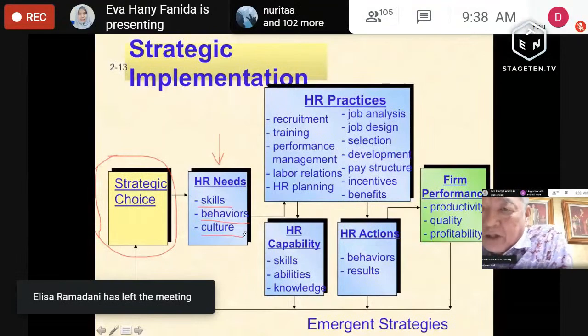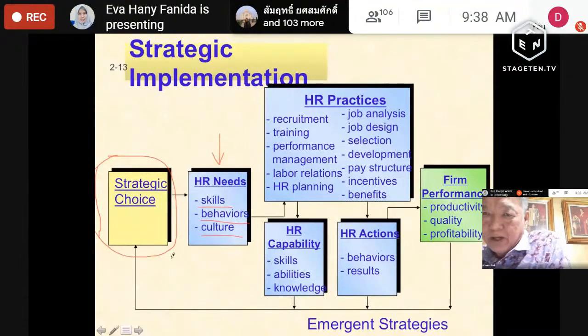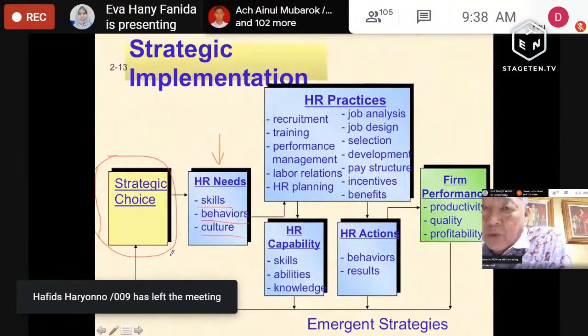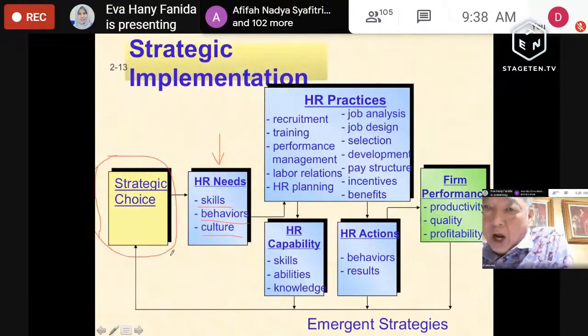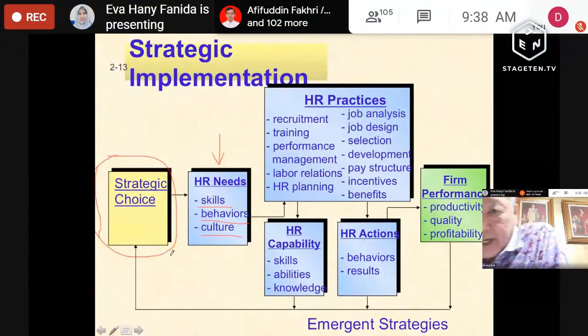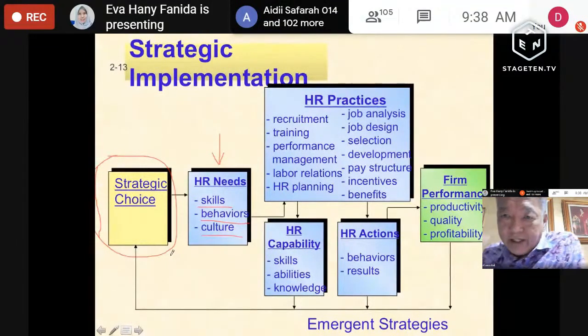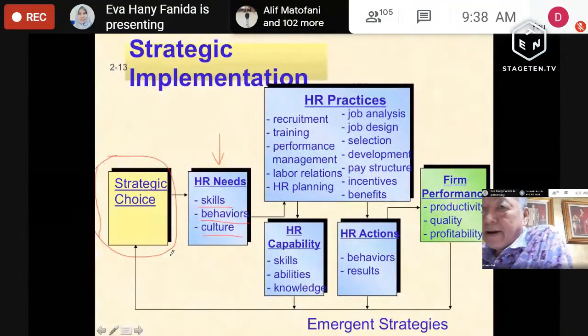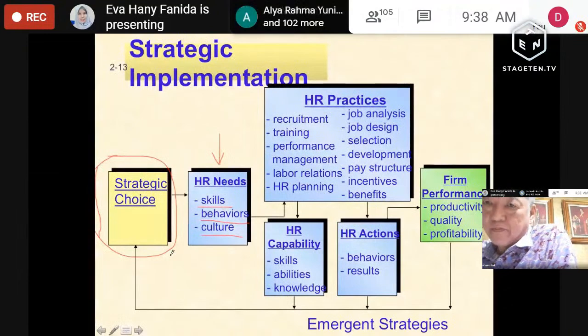The culture means company culture or corporate culture. The behavior means the behavior of the individual employee. The skill means the skill of individual employees. So what kind of skill, behavior, and culture do we need from those people in order to make the company strategy successful?